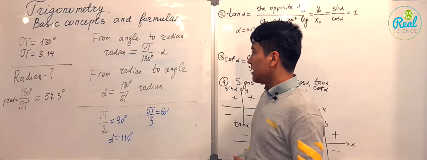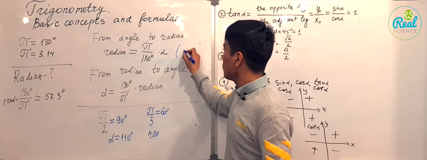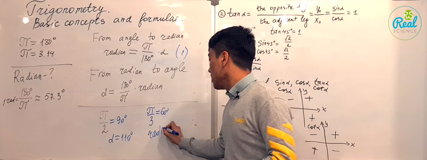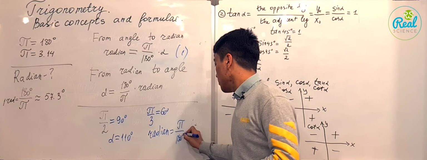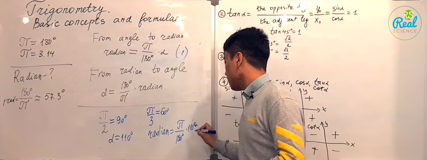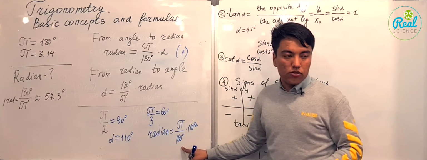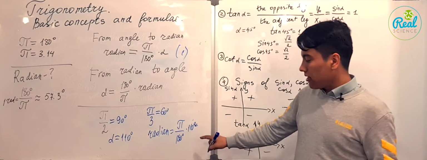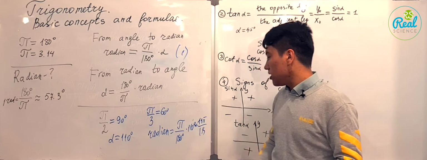In this case, we're going to use this formula: radian equals pi over 180 multiplied by 110. We can actually cancel out 10 because they are divisible by 10. 11 pi over 18. That's it.